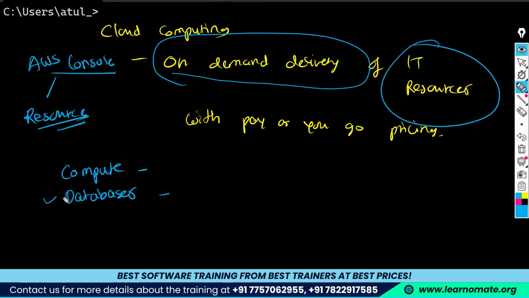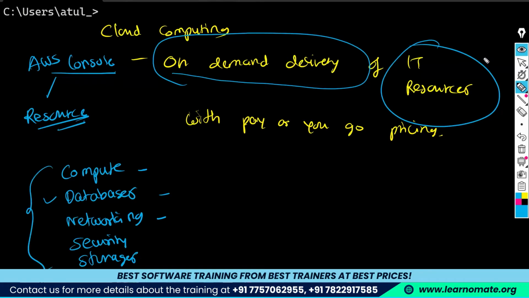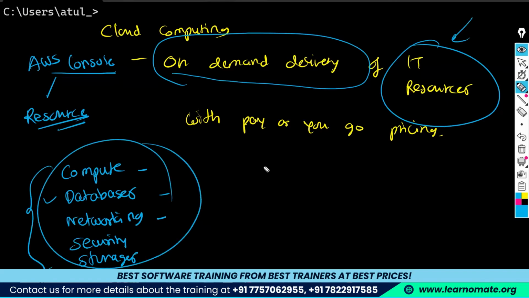Then the next part is networking. You can select network configuration under which you will have various deployment, security, and storages. So all these types of resources come under IT resources, meaning it is covering your whole IT part when you are using data center technology.